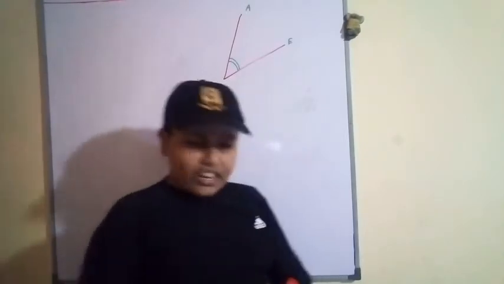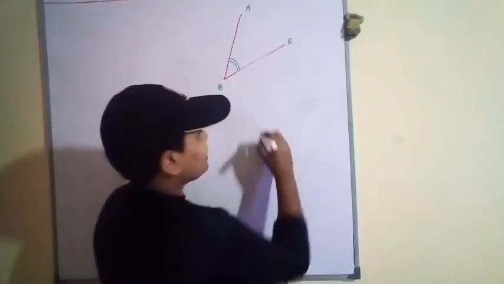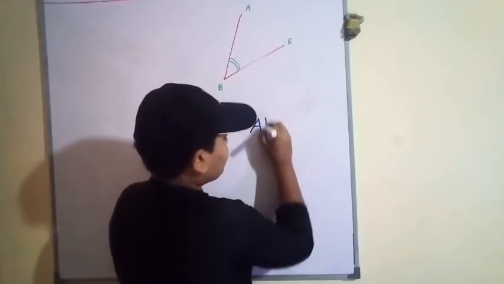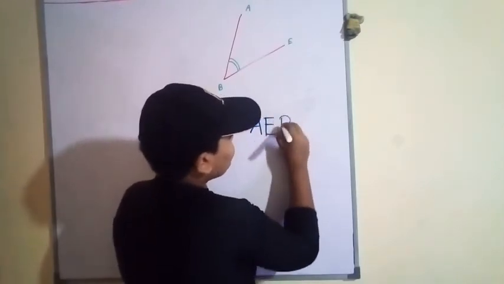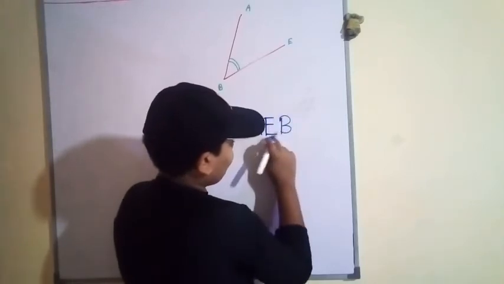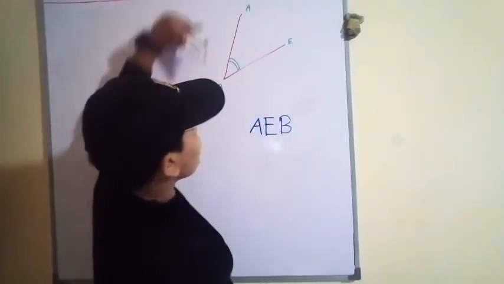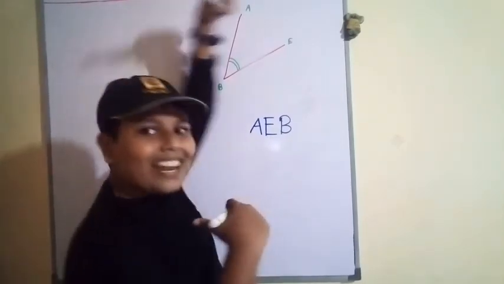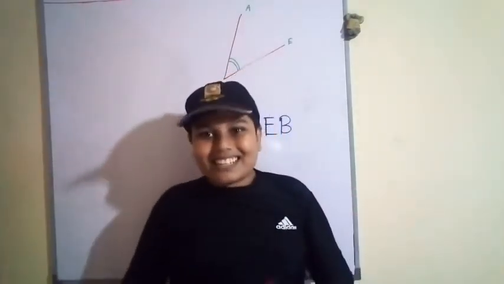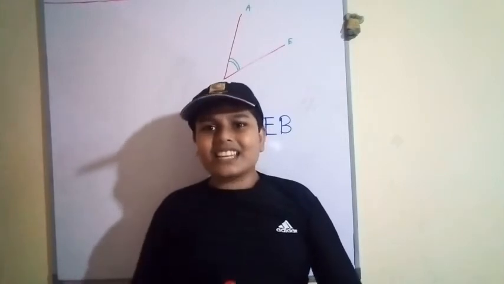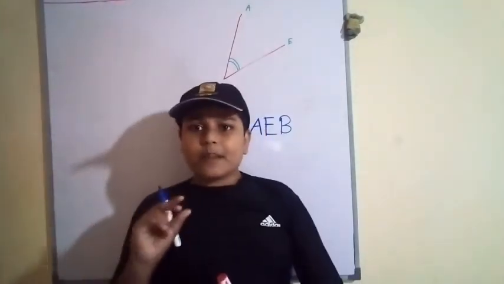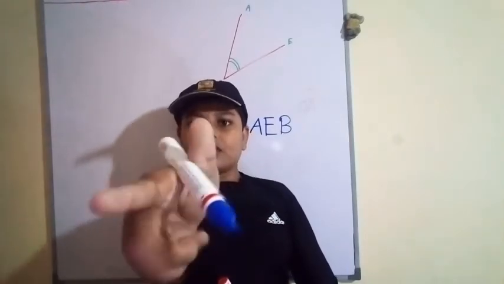Now you want to write all the characters. Now you have A, E, and B. Now A, B, E. Now we need two straight lines. The straight lines that meet with each other make an angle. Now that point is called what?